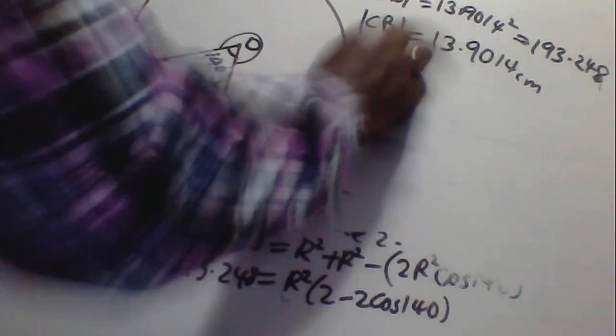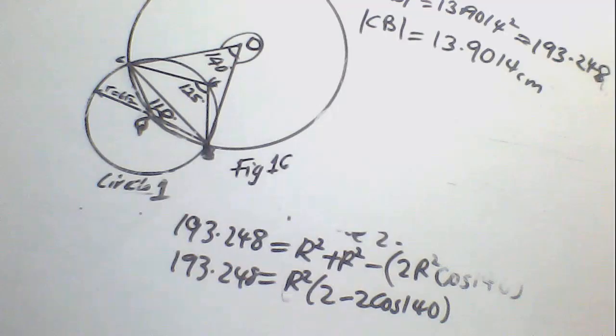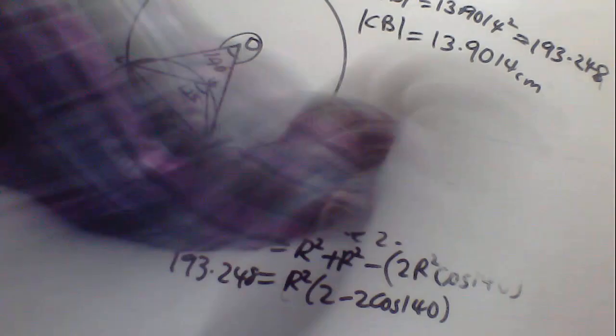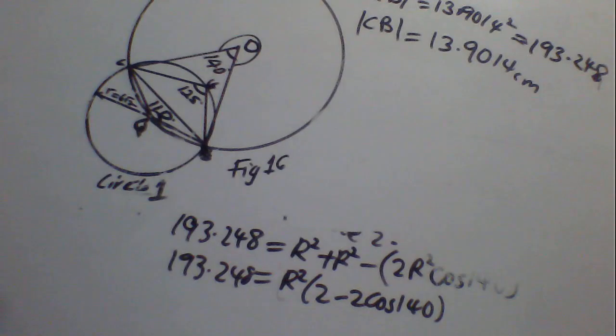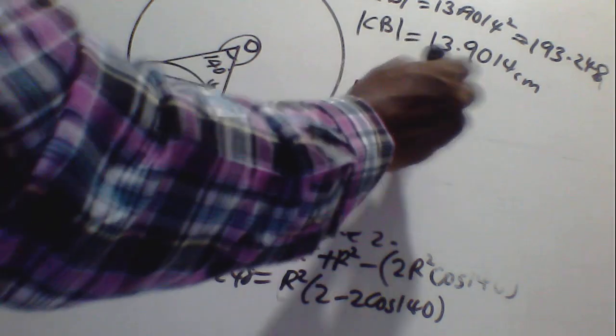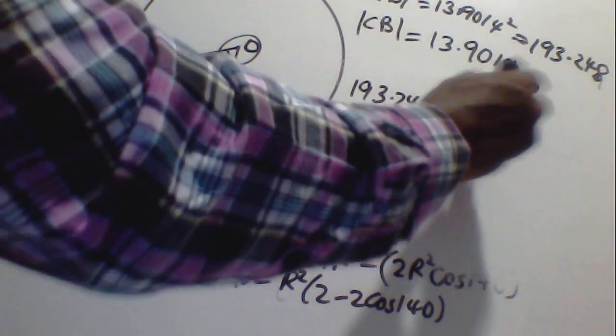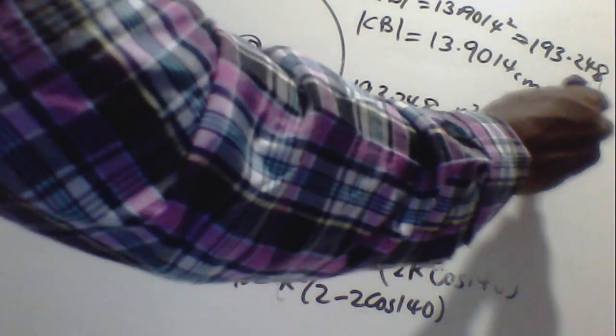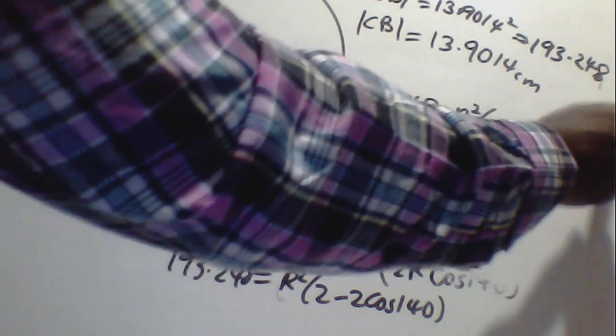So I can clean here. The next is to bring this, we solve up. We have 193.248 is equal to R squared in bracket 2 minus 2 cos 140 degrees.